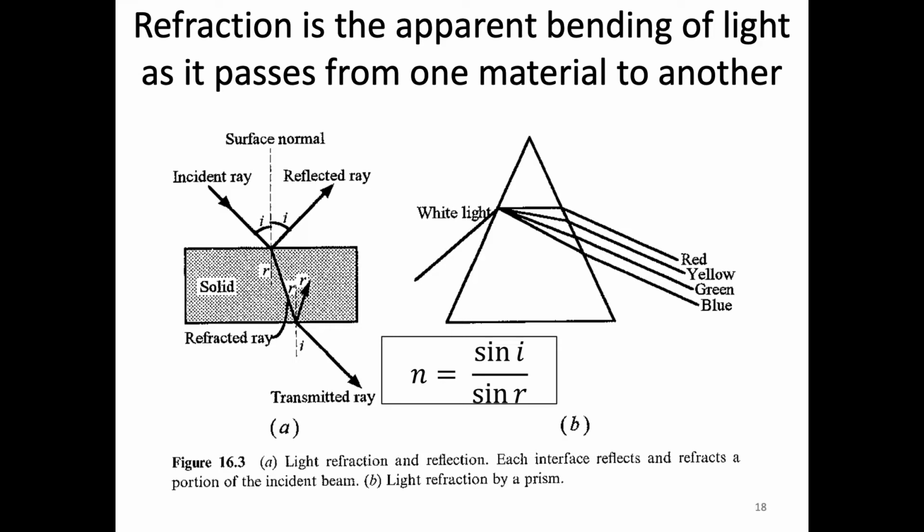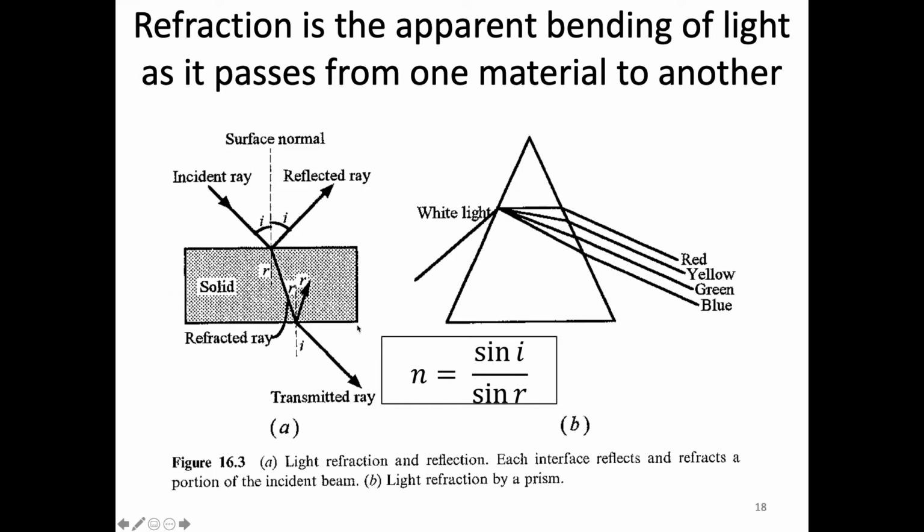For refraction, we can quantify this apparent bending. If we have an angle I, which is the angle between the surface normal of the solid and the incident ray, and then it changes to R in the solid, we can quantify this principle of refraction by looking at the differences in those angles.